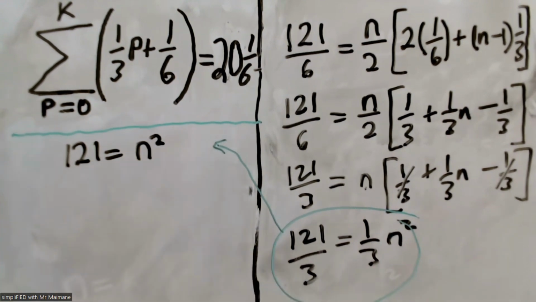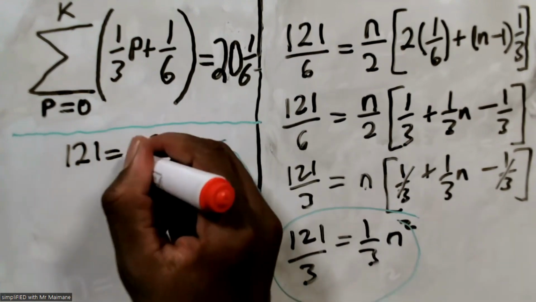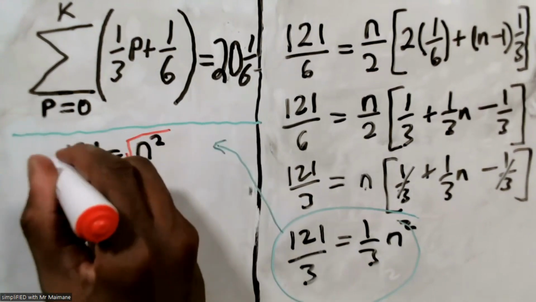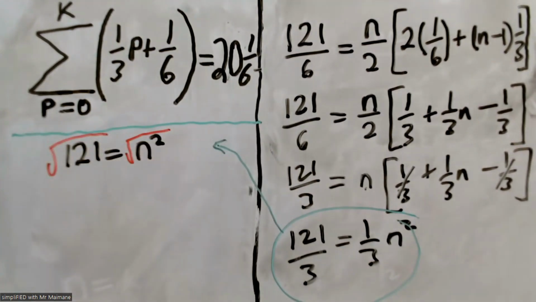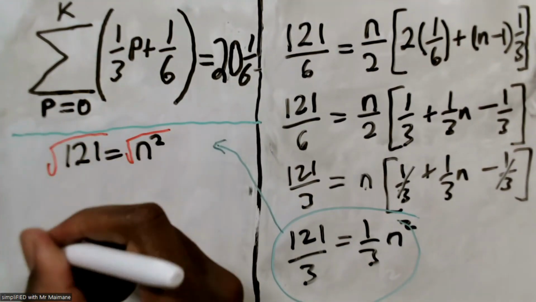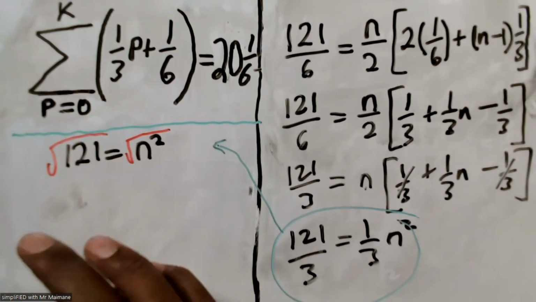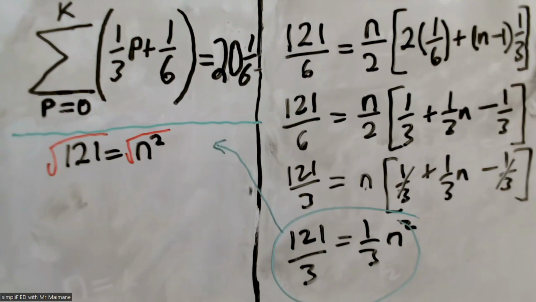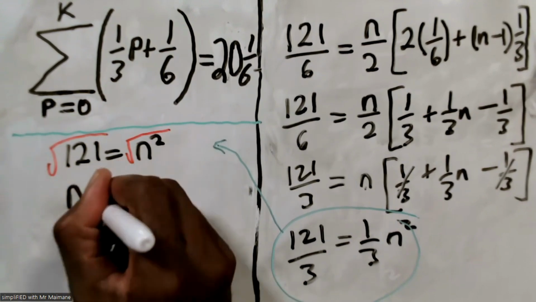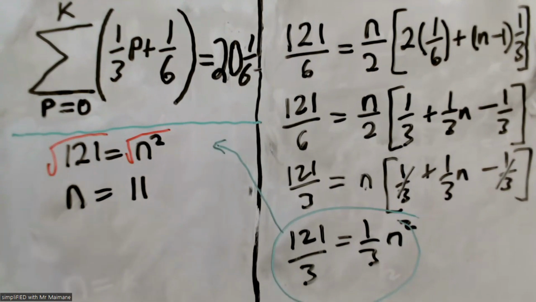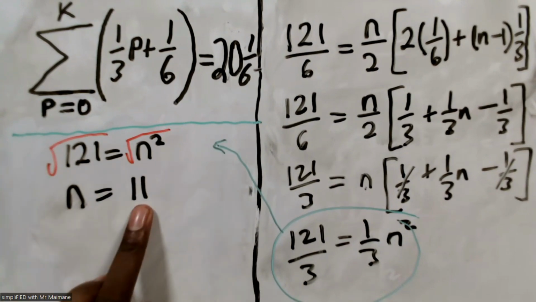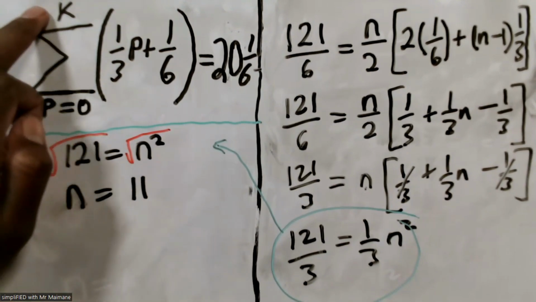And now we just have to solve for n so we can determine the value of k. Solving for n here, we're just going to put square roots on both sides. And that's when we'll get that n is equal to 11. n is equal to 11, but then we are looking for the value of k.